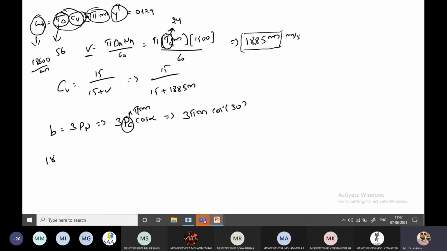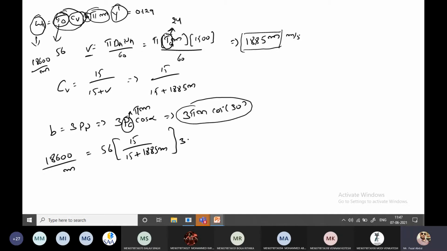So substituting all the values: 18600 by module equals 56 into 15 by 15 plus 1855 module, into B value, which is 3 pi m into cos 30, into pi m as usual, into y value 0.129. Simplify this and you will get the module value.